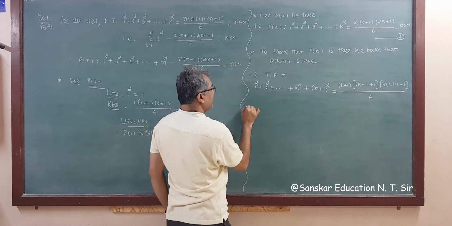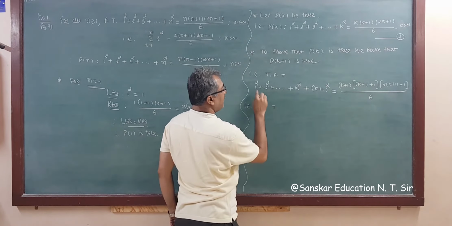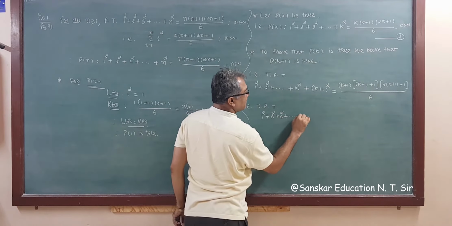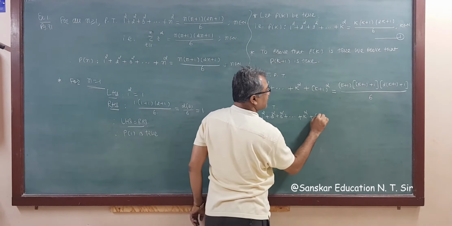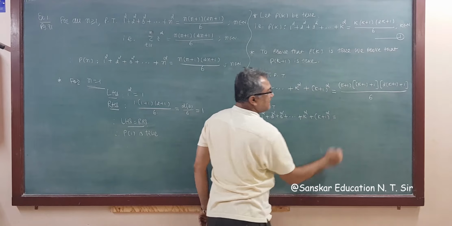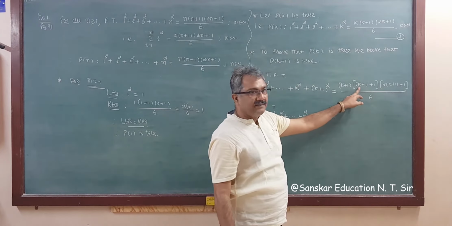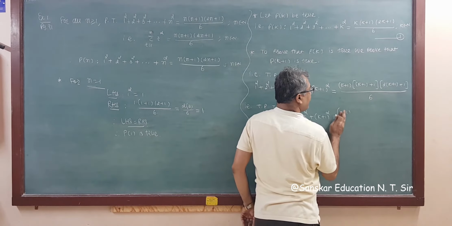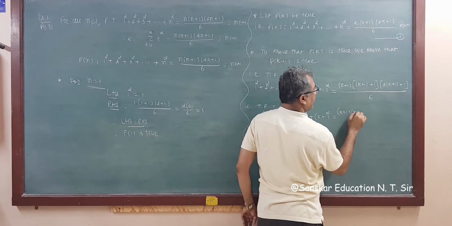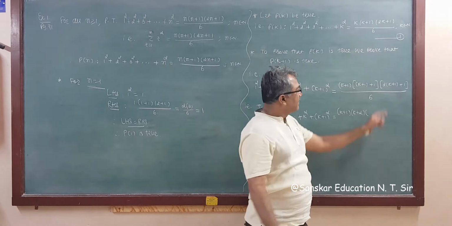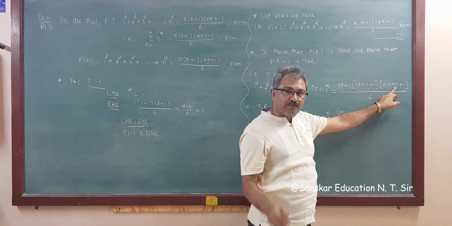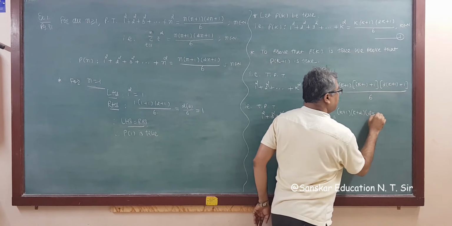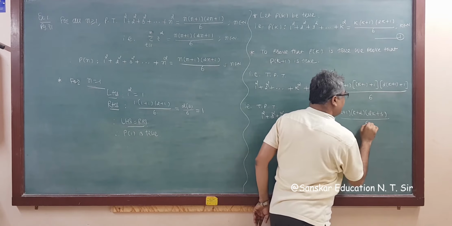That is, to prove that 1 square plus 2 square plus 3 square plus dash plus k square plus (k plus 1) whole square is equal to, now this is k plus 1, now this k plus 1 plus 1 is k plus 2, so (k plus 1) times (k plus 2), and this is 2k plus 2 plus 1, that is 2k plus 3, so this is (2k plus 3) divided by 6.